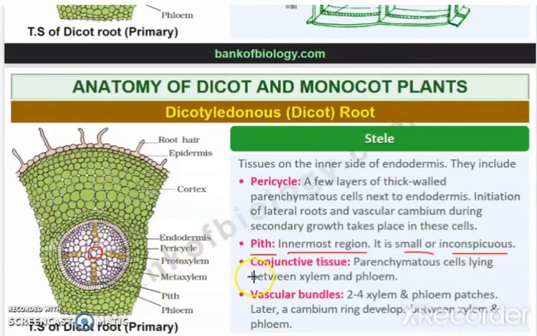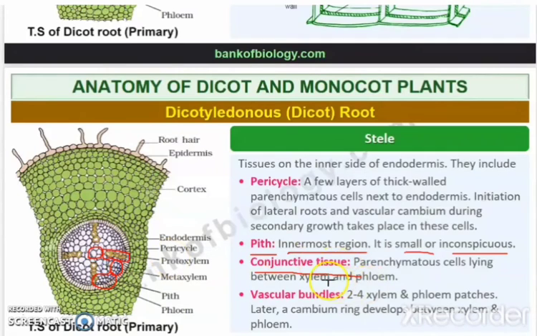Now coming to the next tissue, which is called conjunctive tissue. So these tissues are the ones which are found in between xylem and the phloem. So you can see this is the phloem cells which you see here, and this is the xylem. You can see the brownish colored structure, right? So that is the xylem, and nearby it is the phloem, right?